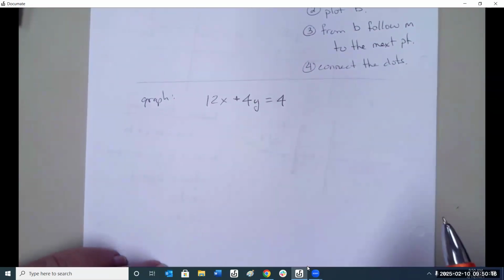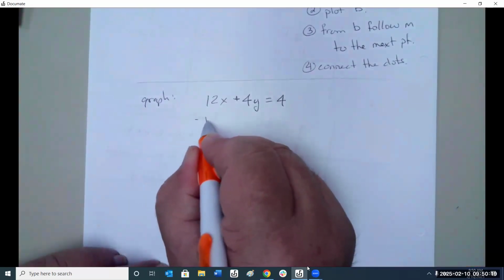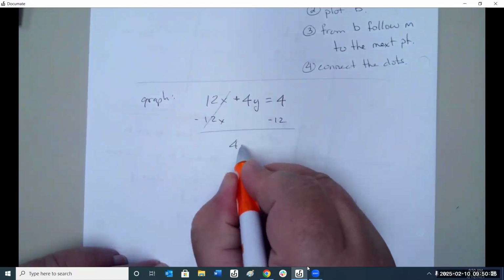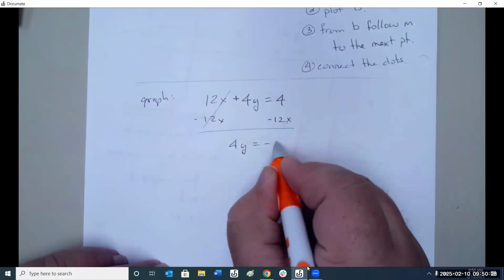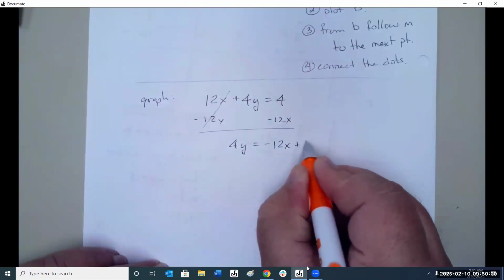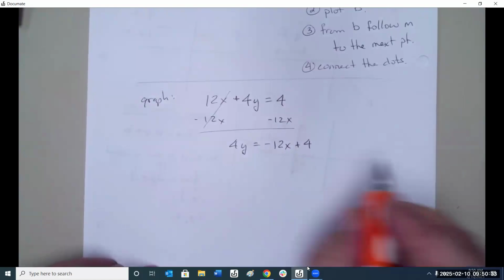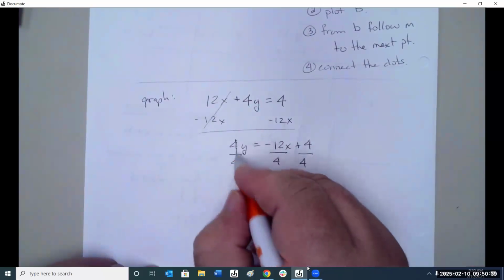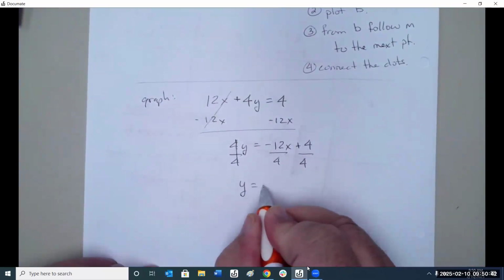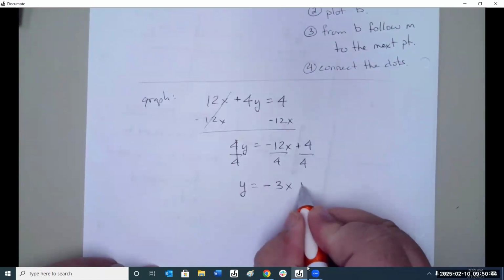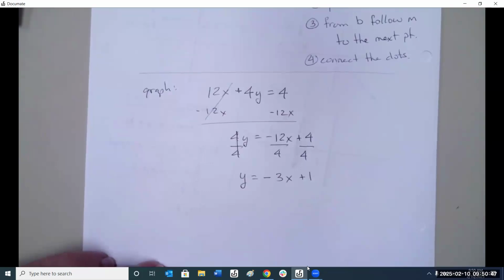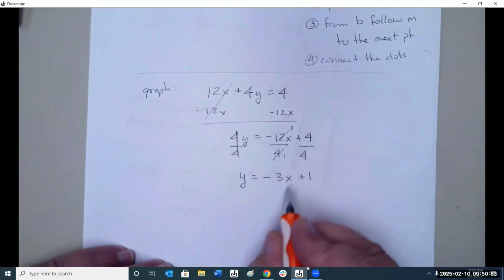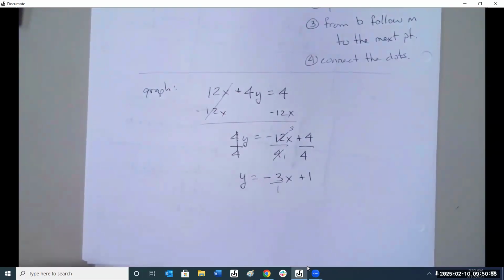So what do you get rid of first? Subtract 12x from both sides. So we have 4y equals -12x plus 4. Then divide by 4. So we got y is equal to -3x plus 1. 4 goes into 4 once, 4 goes into 12 3 times. So the slope is actually -3 over 1.